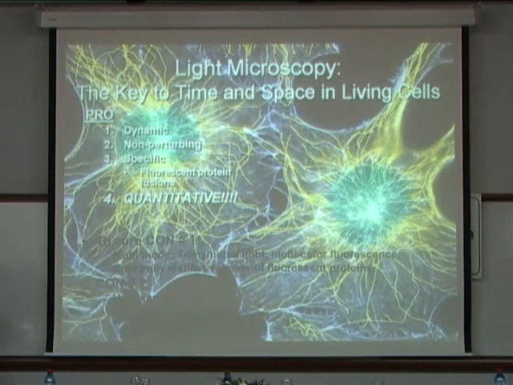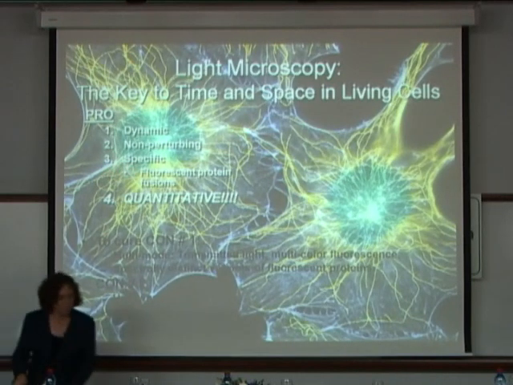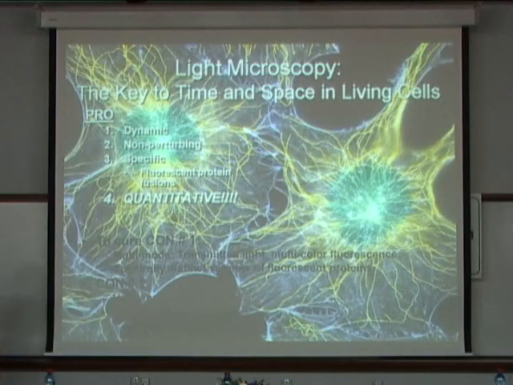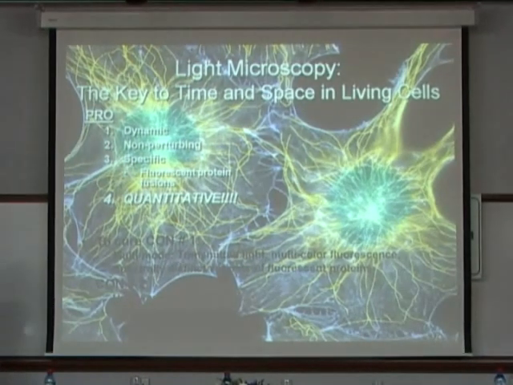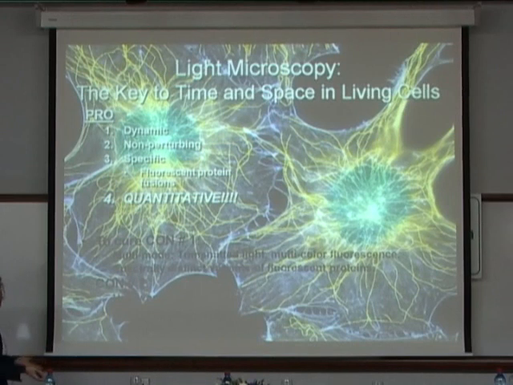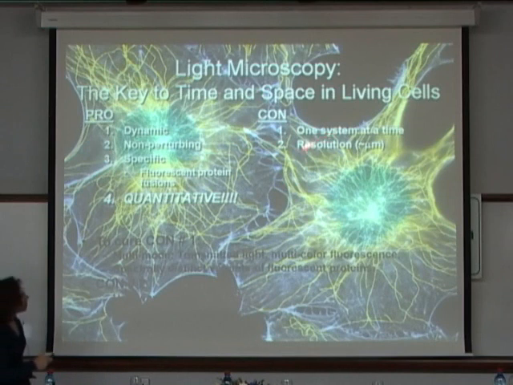And with the advent of green fluorescent protein technology, where you can link a fluorescent molecule specifically to the protein that you're interested in, you can study the dynamics of one component, and how that relates to the dynamics of the cell. In addition, if every single protein has one fluorophore on it, and you know the fluorescence signal, you know how many proteins there are. So it's quantitative. The problem is that up until recently, you can only look at one protein at a time.